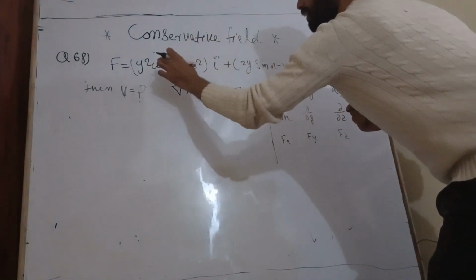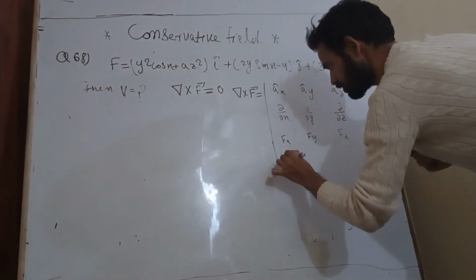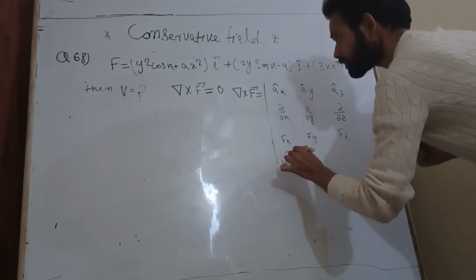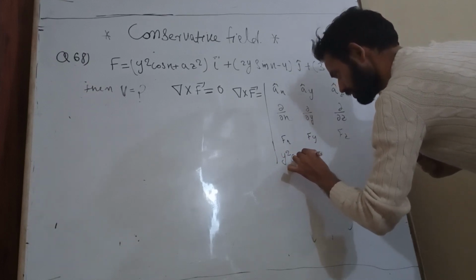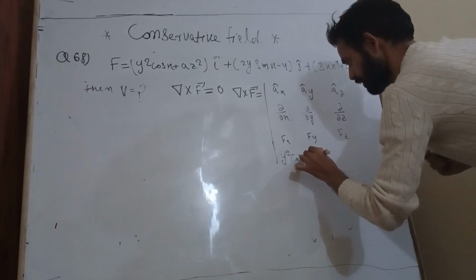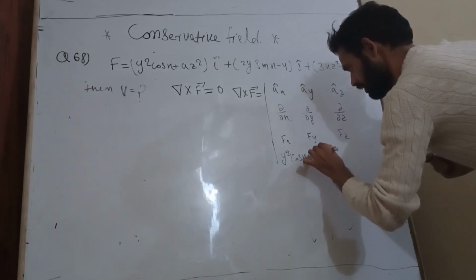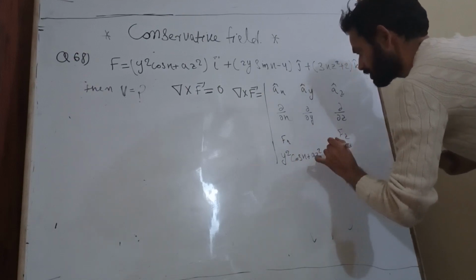What is Fx? Fx is y square cos x plus a z square.